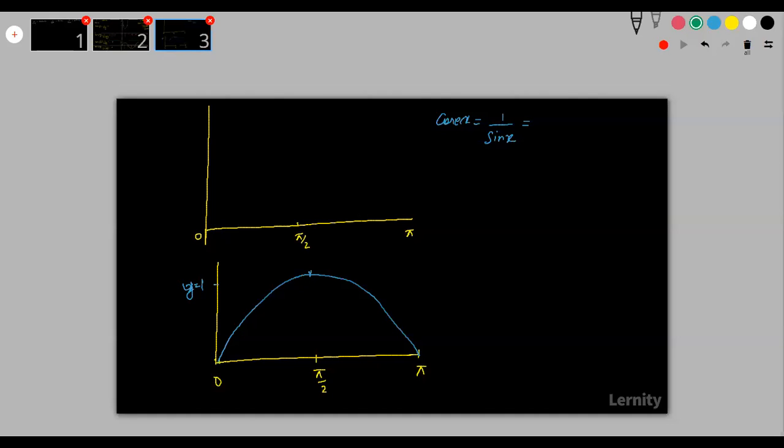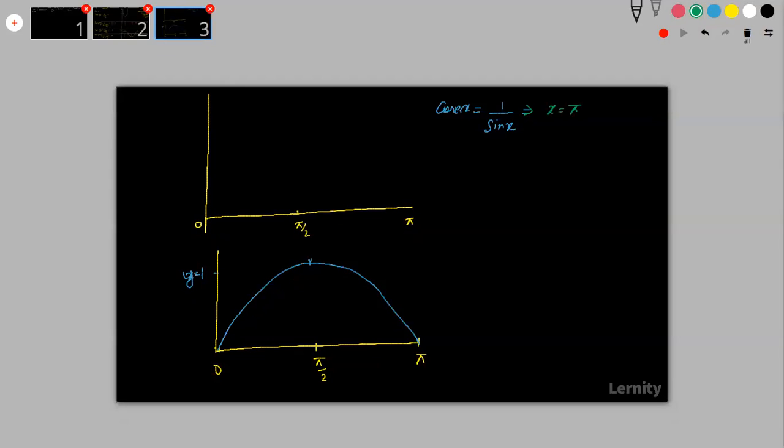So what is happening? Cosec x is equal to 1 by sine x. So when x is equal to pi by 2, I am finding the value of sine x at pi by 2.